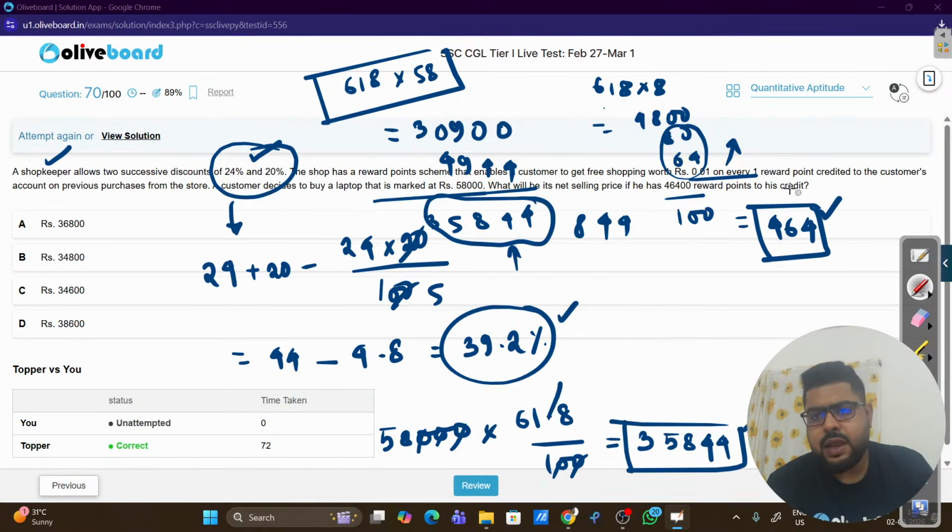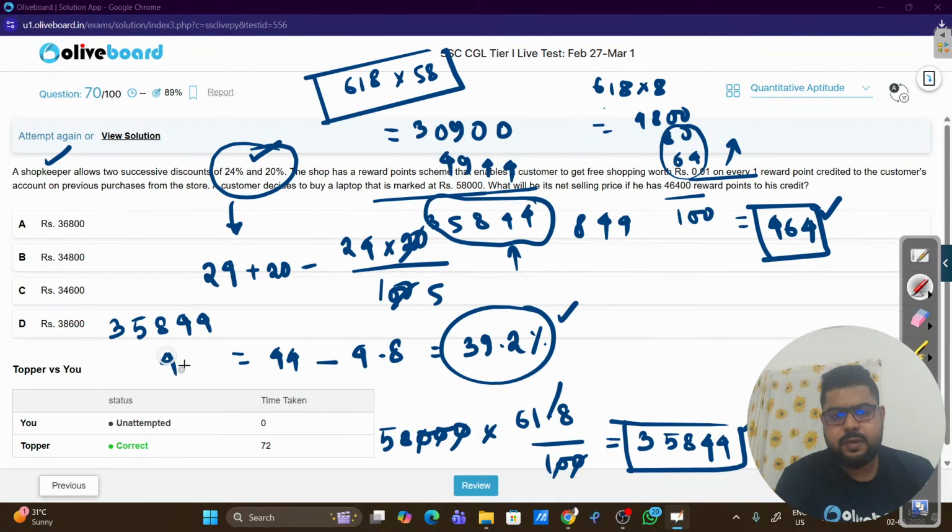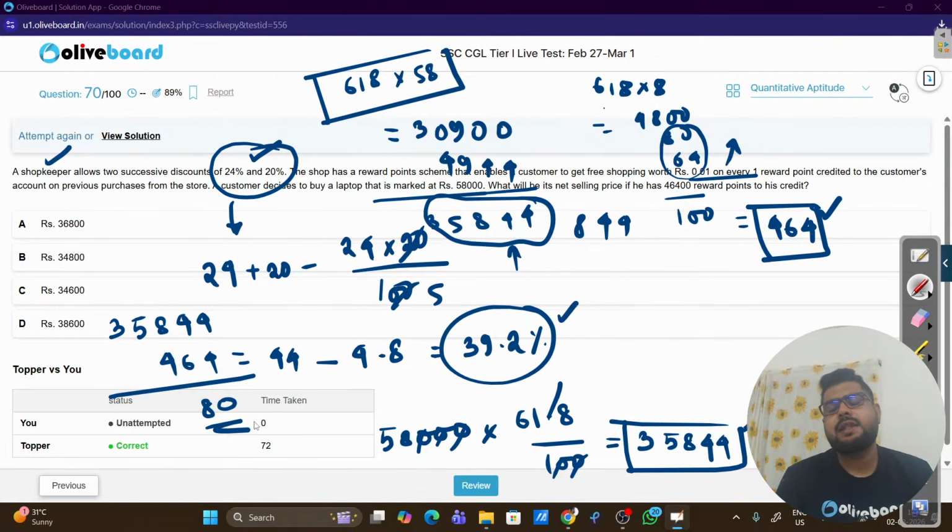Okay, and minus 464 because of the reward points. This is why I was skeptical. There is an 80 at the end. Okay, 354, 353, sir.